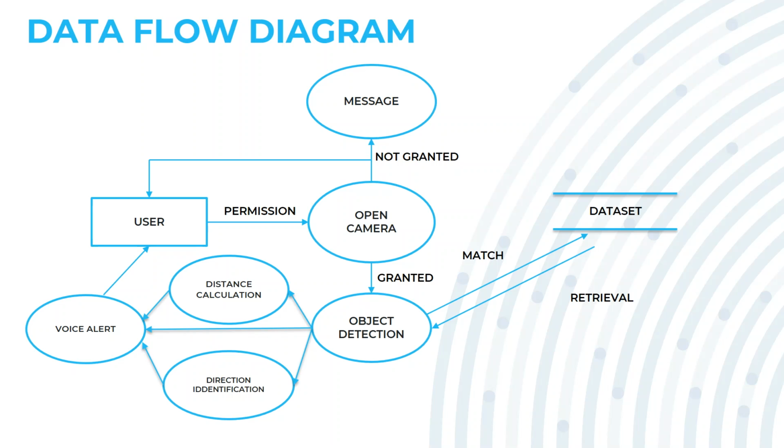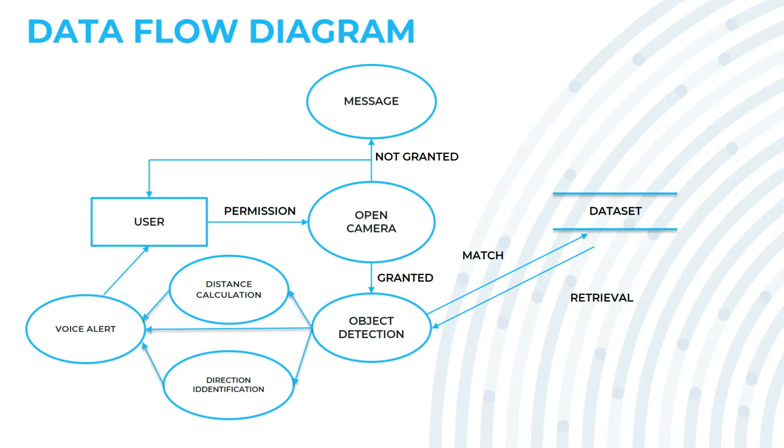This is the data flow diagram of our project. A data flow diagram is a graphical representation of the flow of data through an information system. Here, first user requests for camera permission. If the camera permission is not granted, then a message is displayed.